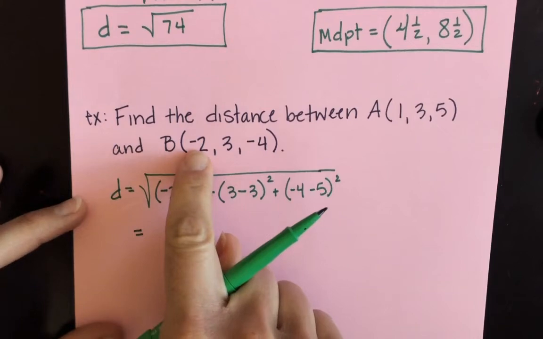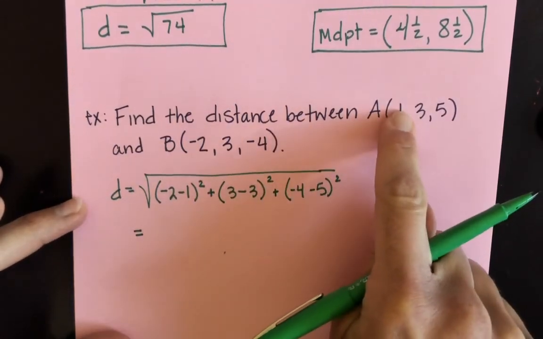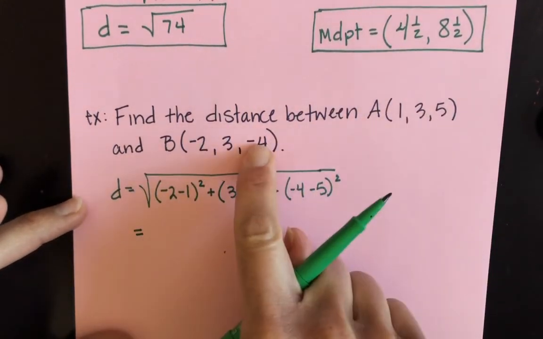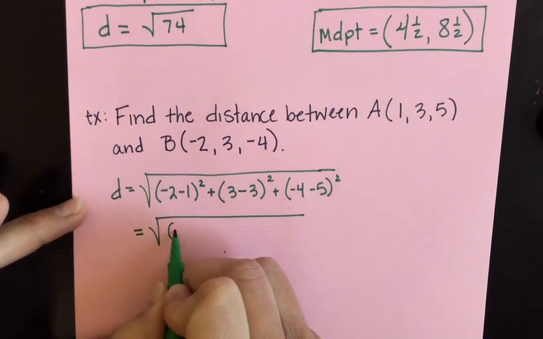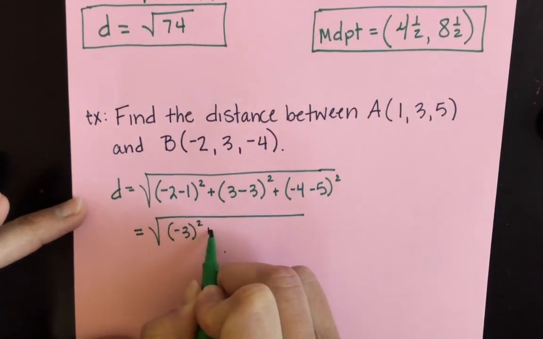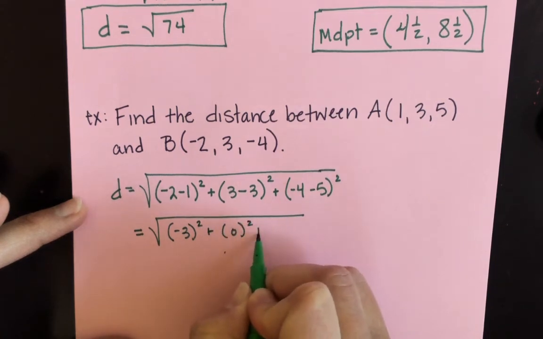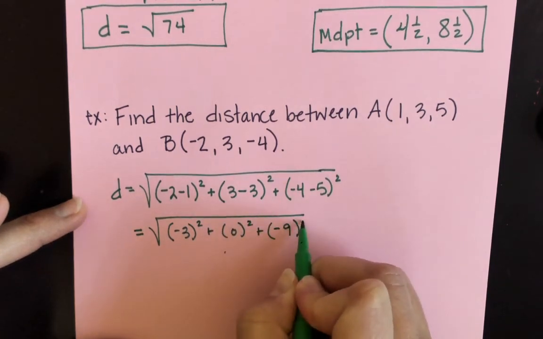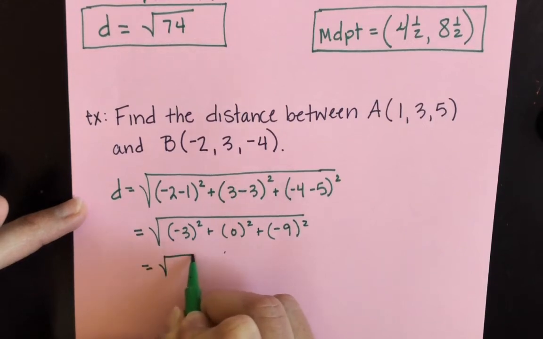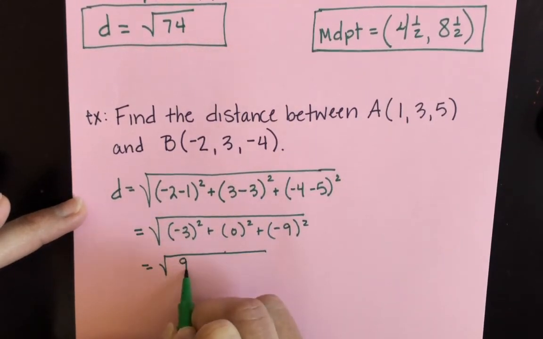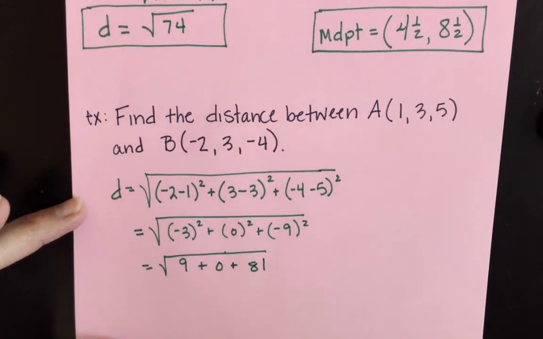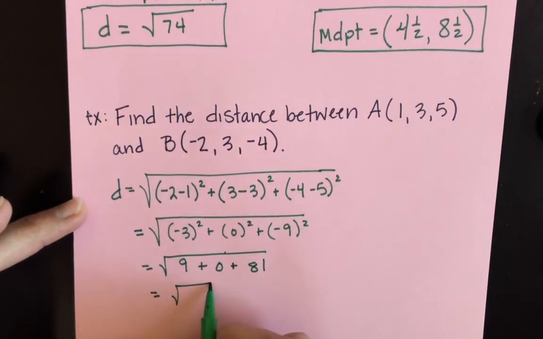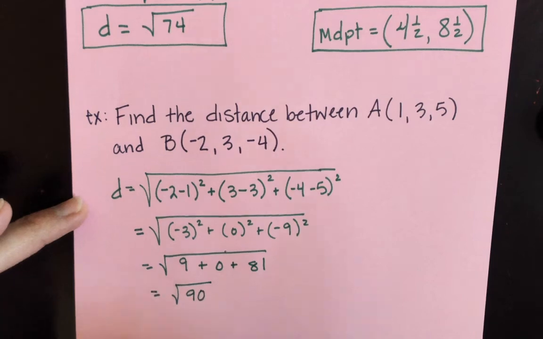And in each one, I started down here at B, -1, 3, minus 3, -4, minus 5. And we end up with -3 squared plus 0 squared plus -9 squared. 9 plus 0 plus 81 gives us the square root of 90.